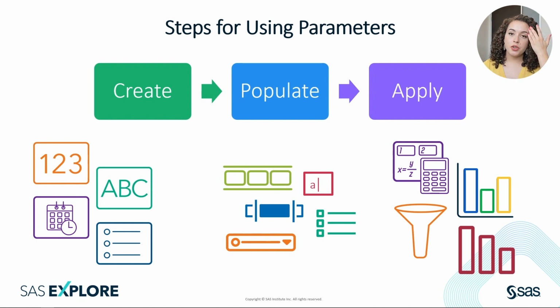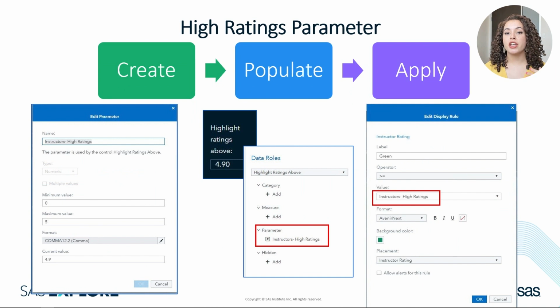I'm going to give you an example of when we used a parameter in this report, starting with a numeric parameter, and then we'll talk about a character parameter that was used. One of the numeric parameters was the high ratings threshold. We wanted to highlight in green all of the ratings that contain a value greater than 4.9, or 4.8, or whatever the user wants to input.